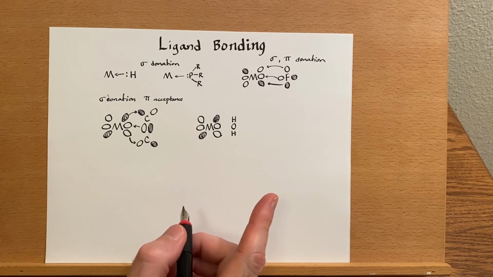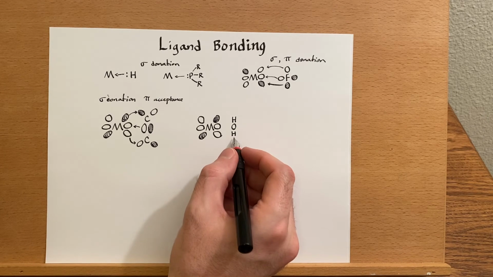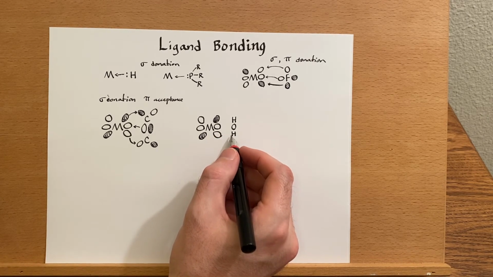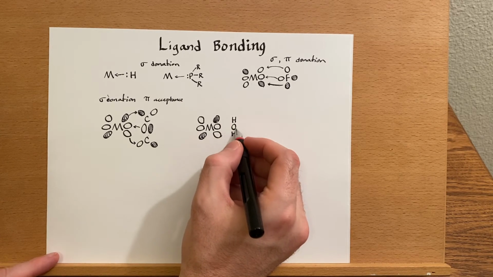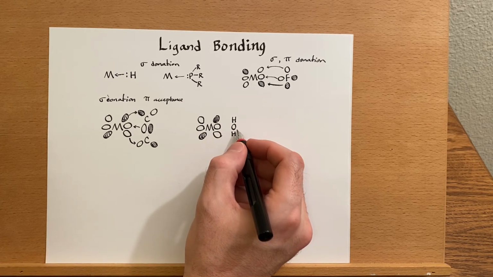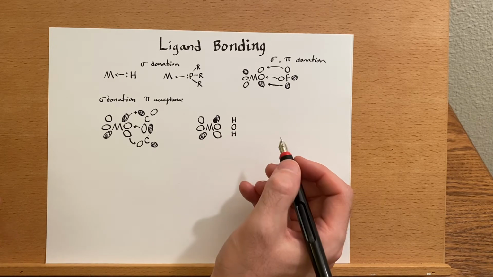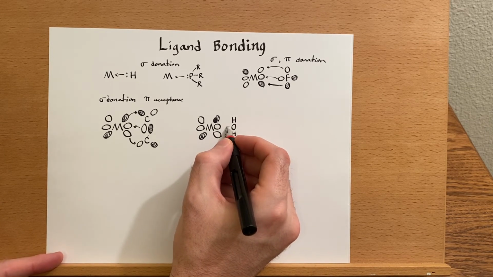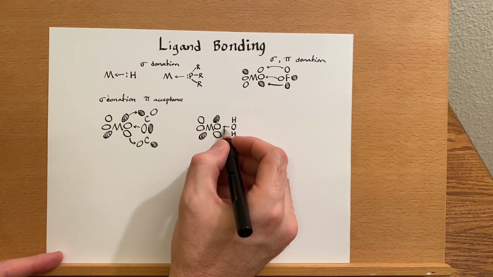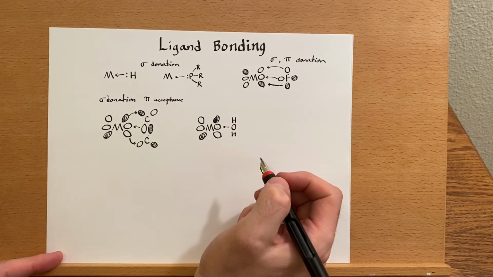Something just like that can occur between hydrogen. So we have the orbital that contains the bonding electrons between H2, and that orbital can send electron density to the metal and create a bond like this.